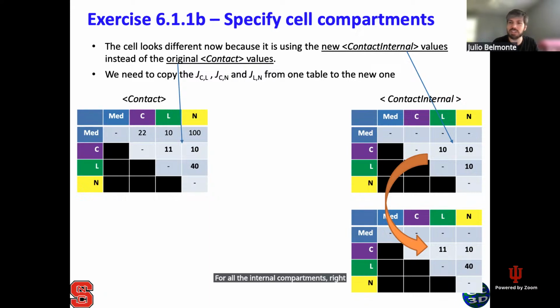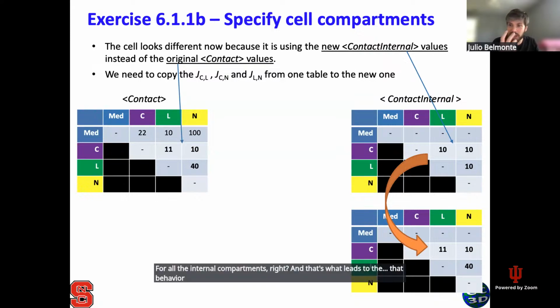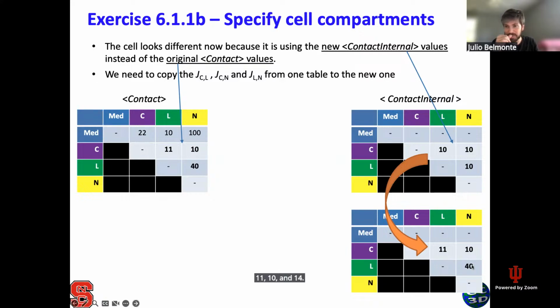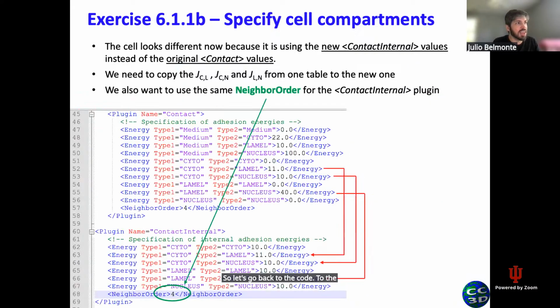And that's what leads to that behavior. So we have to change those values here to be 11, 10, and 40, okay? And that's going to make your cells look better, okay? So that's what you have to do now. So let's go back to the code, to the XML, and let's copy these values here to these values here.